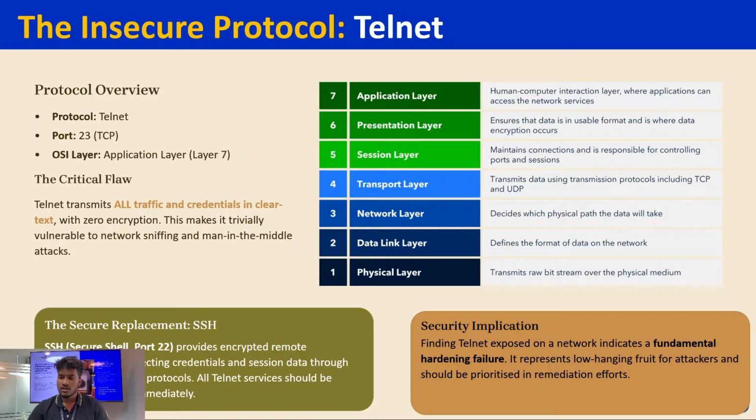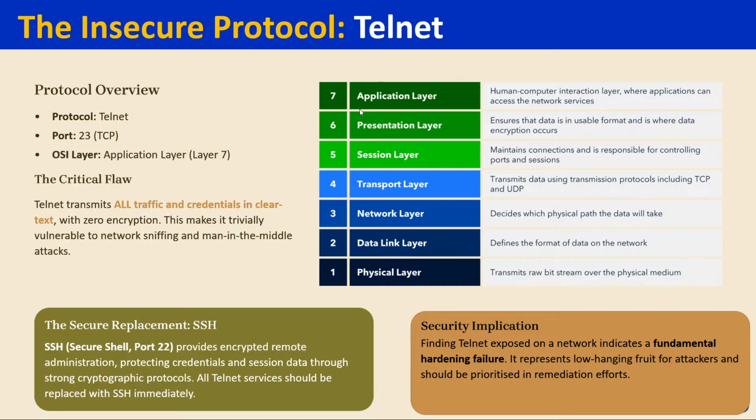So what is the vulnerability we are going to discuss today? Telnet, the insecure protocol. We will do that later in a lab, but I am just telling you what Telnet is and what it does.